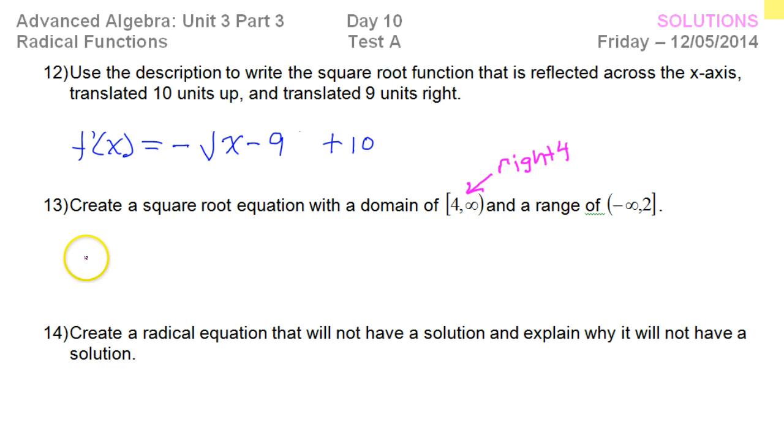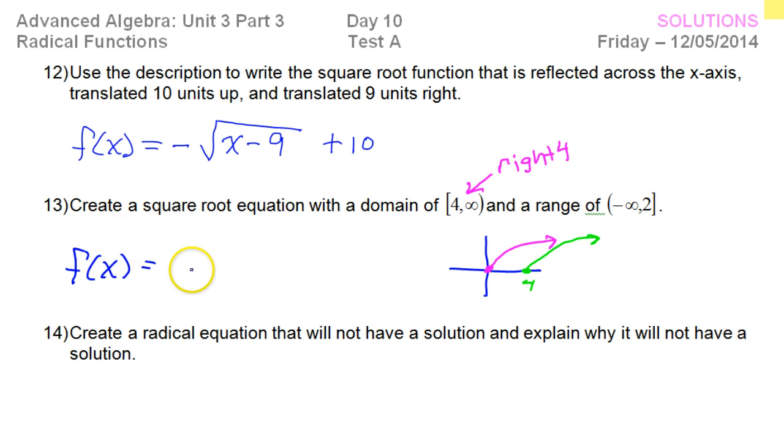Okay, so when we begin to write that equation, f of x equals, alright, so if it's to the right by 4, then that's going to mean x minus 4. Just like on problem number 12, 9 units to the right, we had to do x minus 9. 4 units to the right would be x minus 4 on the inside.